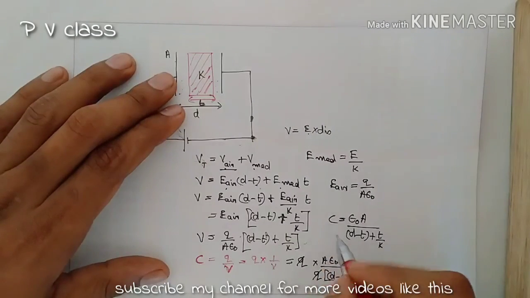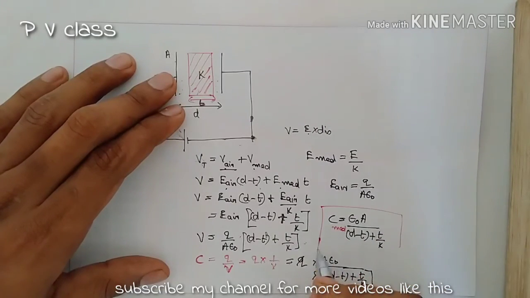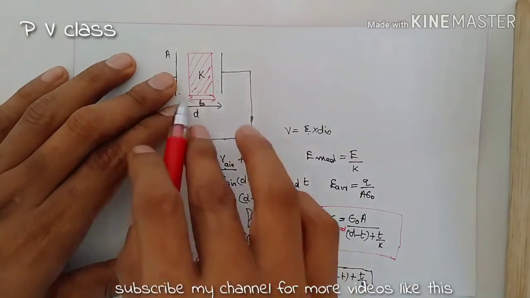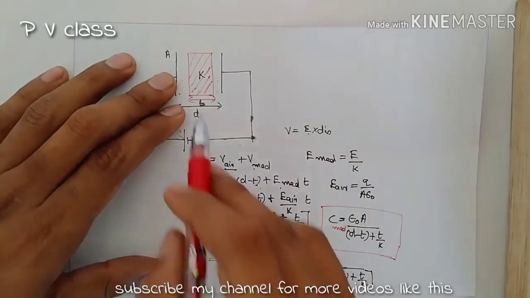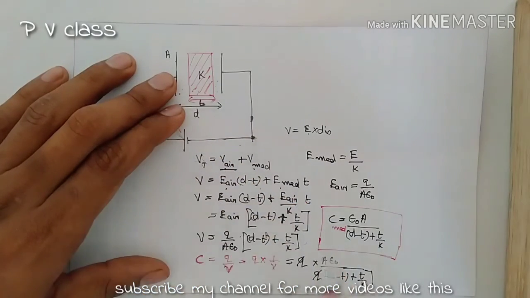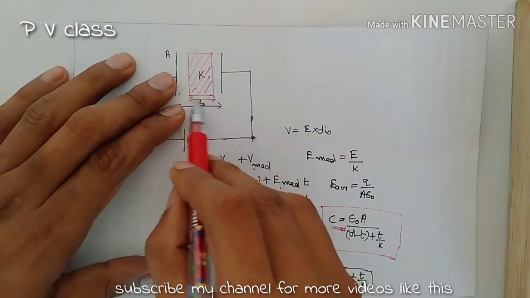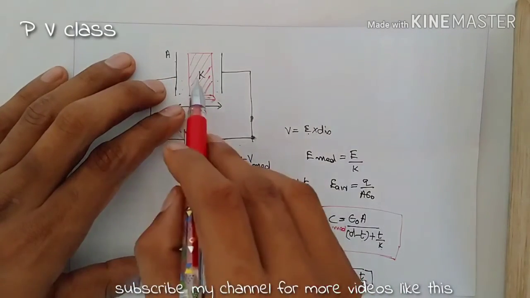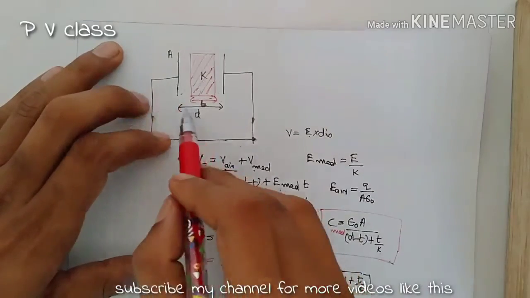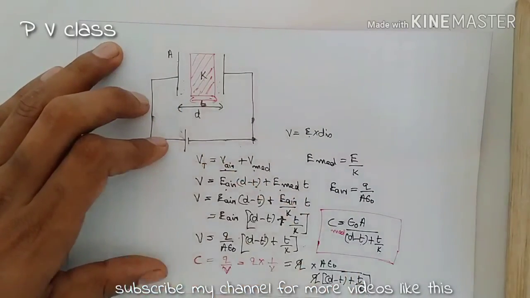And this is the expression for the capacitance of a parallel plate capacitor if it is partially filled with a dielectric, that is, if the dielectric is filled up to a thickness T, where T is the thickness of the dielectric, K is the dielectric constant, and D is the distance between the plates of the capacitor.